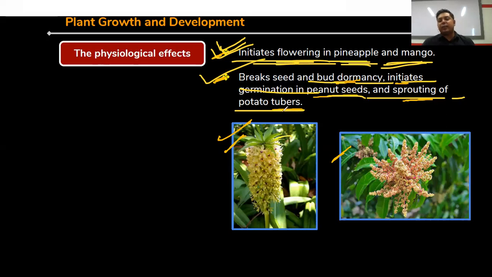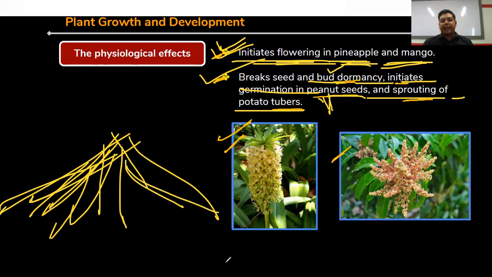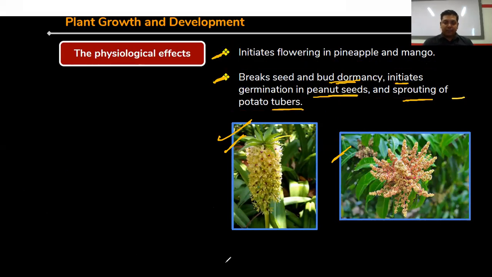So ethylene is also involved in seed dormancy breaking processes as well as several bud dormancy breaking processes. Clear, and it is also involved in germination in peanut seeds and sprouting of potato tubers. So potato tubers are sprouted here with the help of this ethylene hormone. Clear.